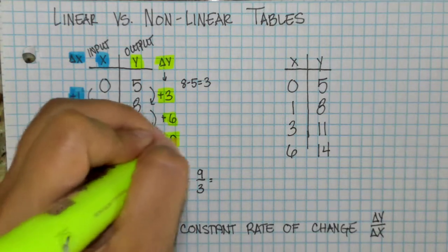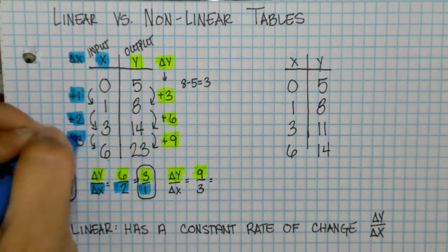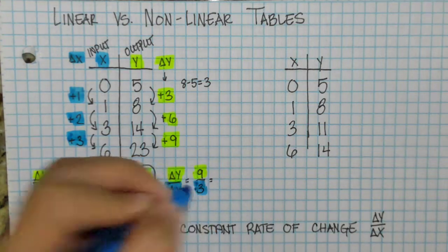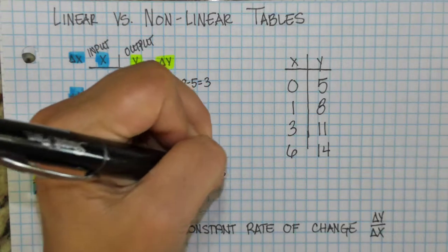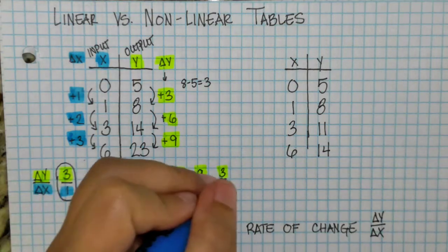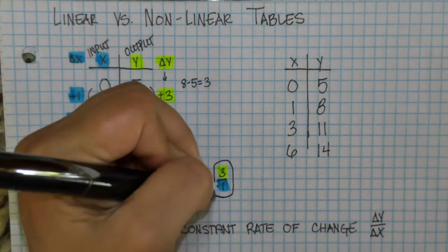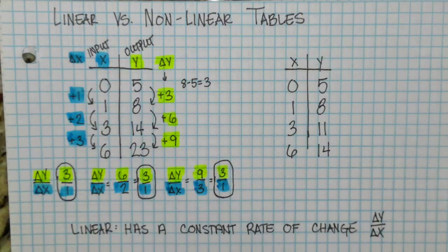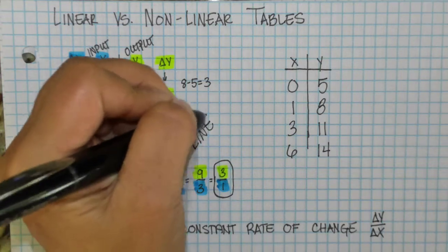If I do that division problem, 9 divided by 3 equals 3 over 1. And I see that that 3 over 1 is identical to the other unit rates. And because all 3 of those rates are identical, we're going to say that this table is linear.